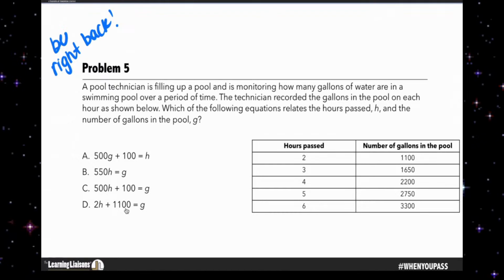All right, I'm back. We're going to read this problem together. Just didn't want the computer to die on us.